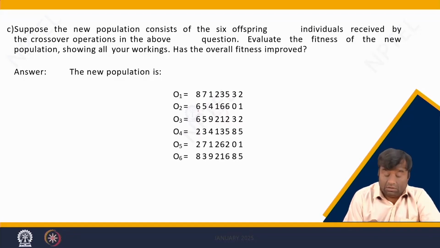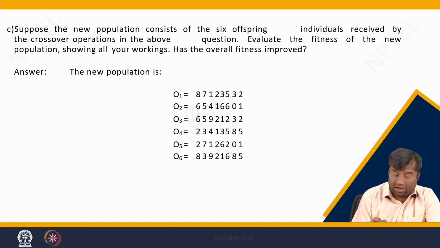Second one is 6 5 4 1 6 6 0 1. Third one is 6 5 9 2 1 2 3 2. Fourth one is 2 3 4 1 3 5 8 5. Fifth offspring is 2 7 1 2 6 2 0 1, and the sixth offspring is 8 3 9 2 1 6 8 5. So we need to find the fitness of these.